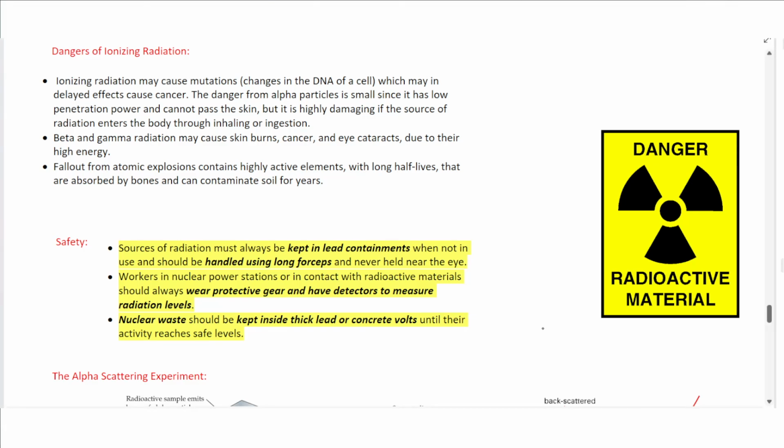Beta and gamma radiation have very high speeds, which means they have high kinetic energy, which means they can heat anything around them. So it may cause burns, skin burns, or it can cause the cataract of the eyes to dry up and turn white. Or they can also cause a cancer or mutation in the cells.